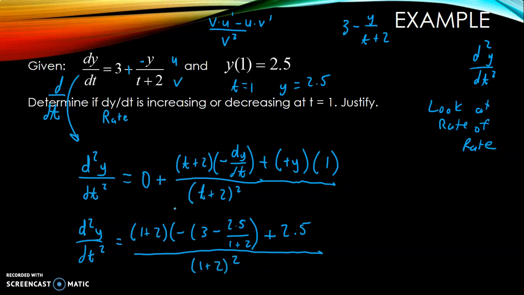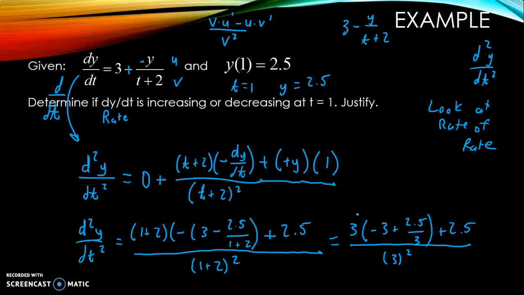I just need to figure out if this is positive or negative. So let's keep simplifying. 1 plus 2 is 3. I'm going to go ahead and distribute this negative, so I'd get times negative 3 and then plus 2.5 over 3. And you'll see why I left it like this in a second. Plus 2.5 over 3 squared.